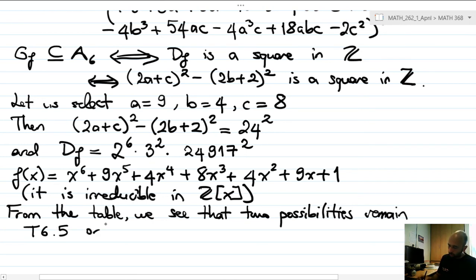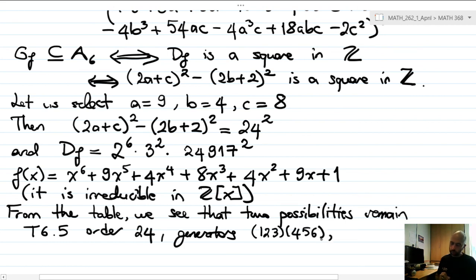Its order is 24, and generators (1, 2, 3, 4, 5, 6), product of 2, 3 cycles; (1, 2) times (4, 5), product of 2 transpositions; another product of 2 transpositions, (1, 4, 2, 5).